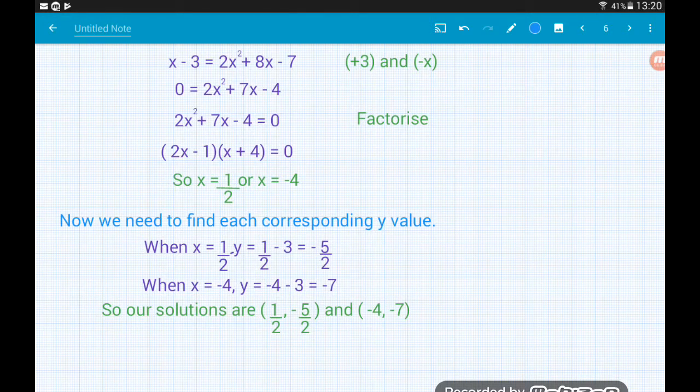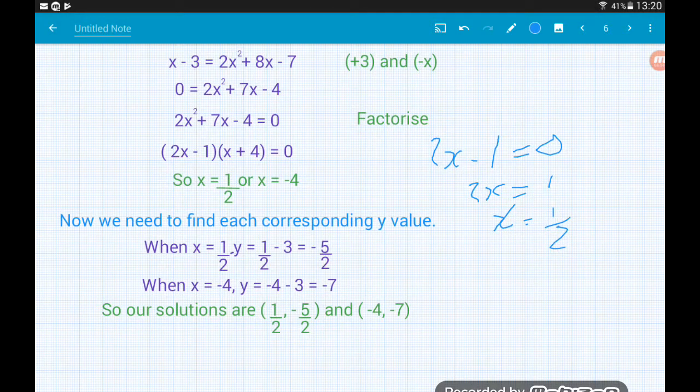Well, remember that what we're finding is the value of x that would make each bracket equal to 0. So if 2x minus 1 was equal to 0, we would add the 1, we'd get 2x equals 1, and so x equals 1/2.